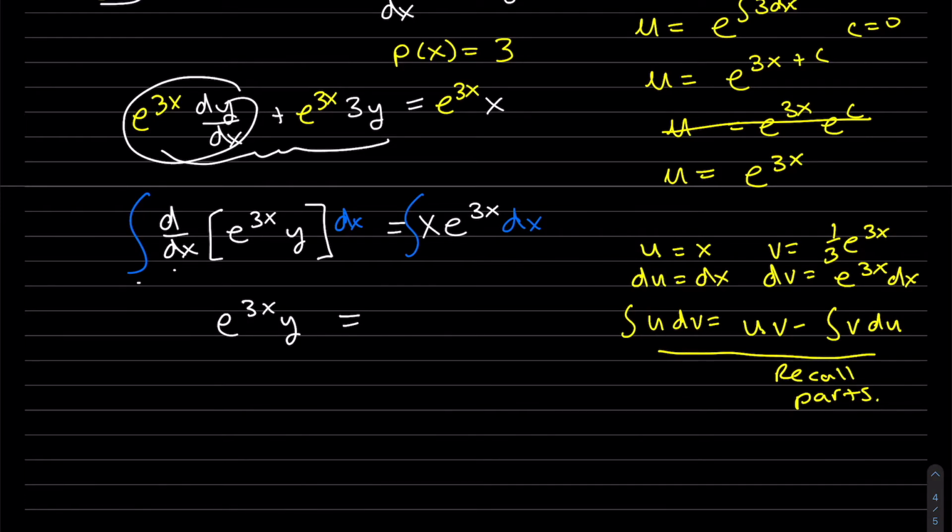So it's going to be uv, which is 1/3 x e to the 3x minus integral of v, which is 1/3 e to the 3x times dx.